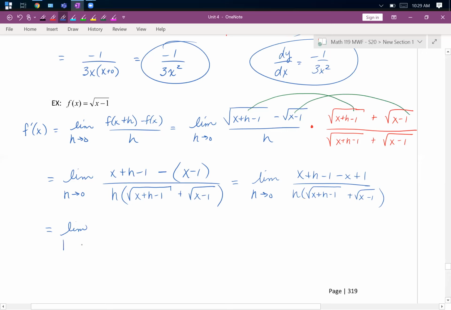And combining like terms. Oh, that's just h down on the top. The h's cancel out.